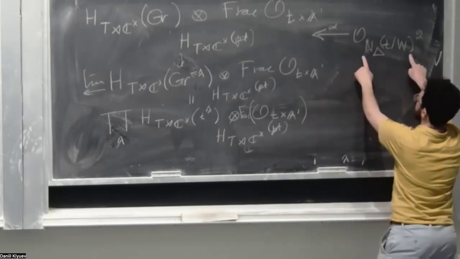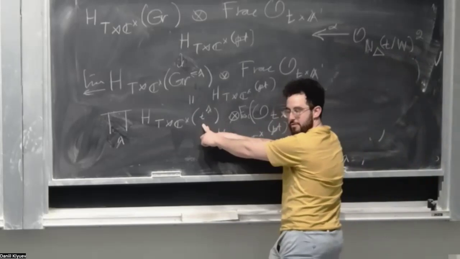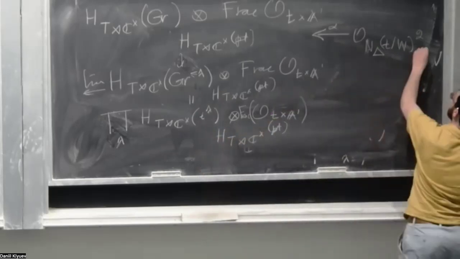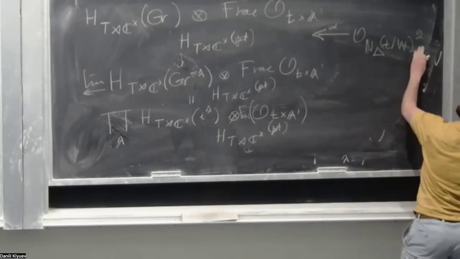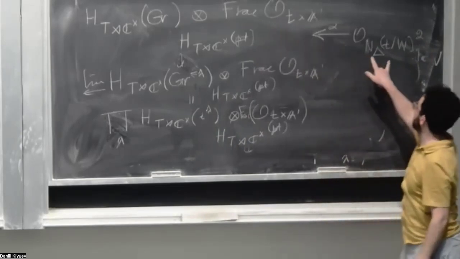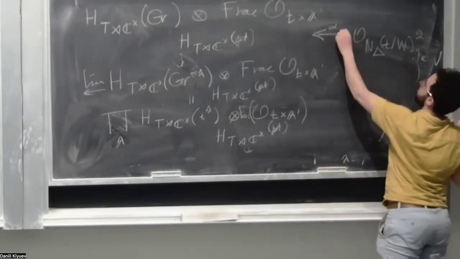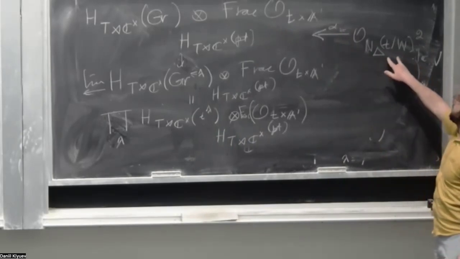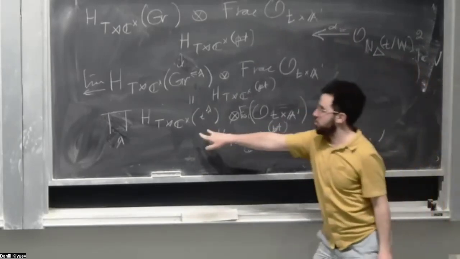How do you restrict an element from here to just t to the power 1 to this point? All that is left to see is the alpha localization, and I'm just going to do log. The log means tensor over that with the fraction field here. So what is left is to see how you restrict to each one of those points.